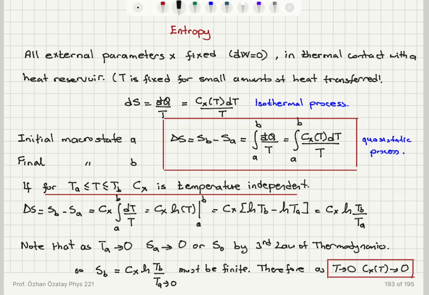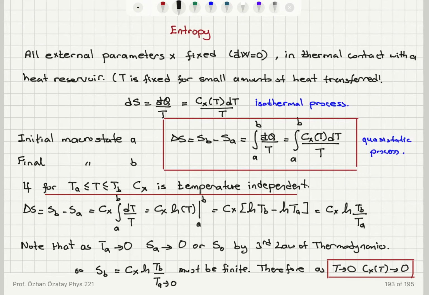So starting at temperature Ta, it's in contact with a heat reservoir at temperature Ta, and then we go to one at Ta plus epsilon, Ta plus 2 epsilon, etc., until we reach temperature Tb. So many heat reservoirs with slightly higher temperatures form thermal contacts with the system. So that's the way we can think about it.